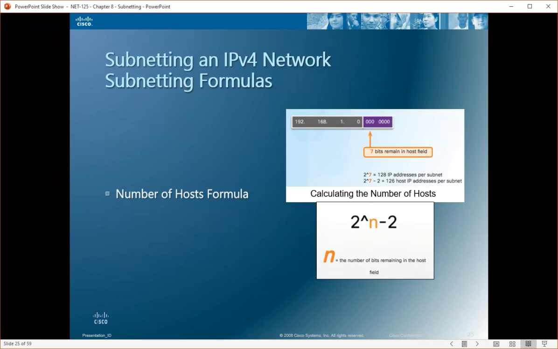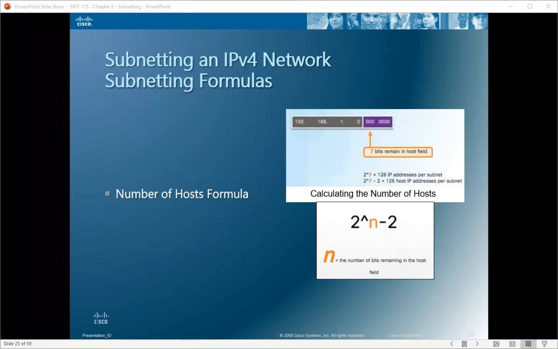So when we read this, we want to look at it as 2 to the n minus 2. If we were to put parentheses around the 2 to the n, I would be much happier with that, just so people remember we're calculating the exponential function first.